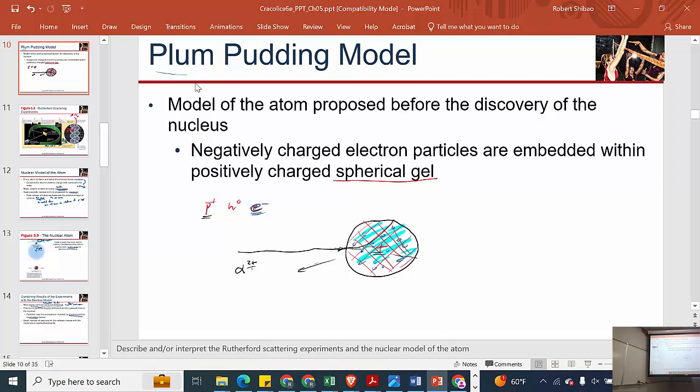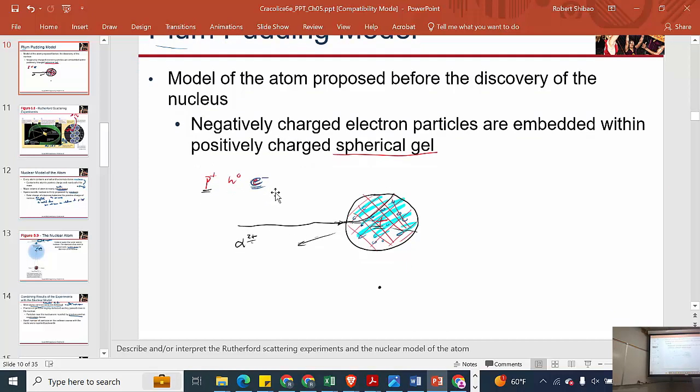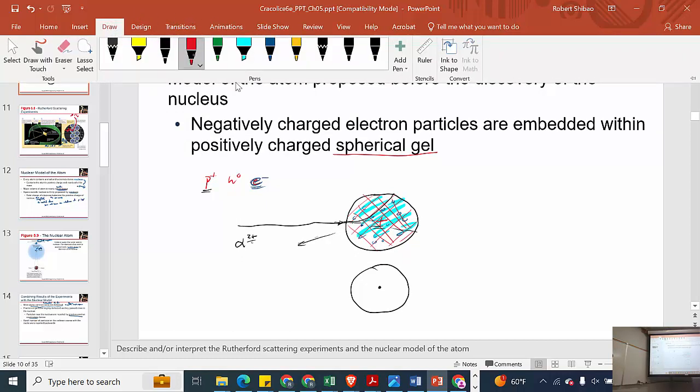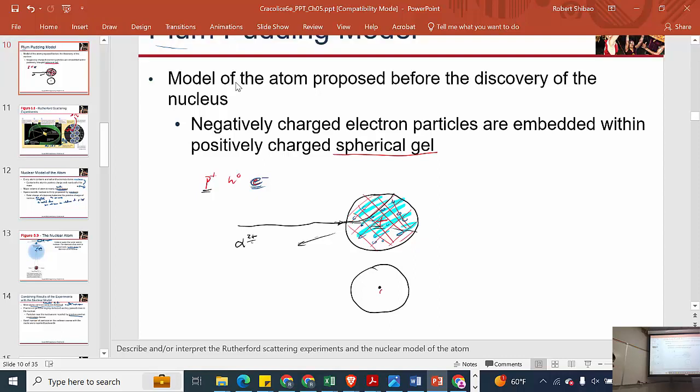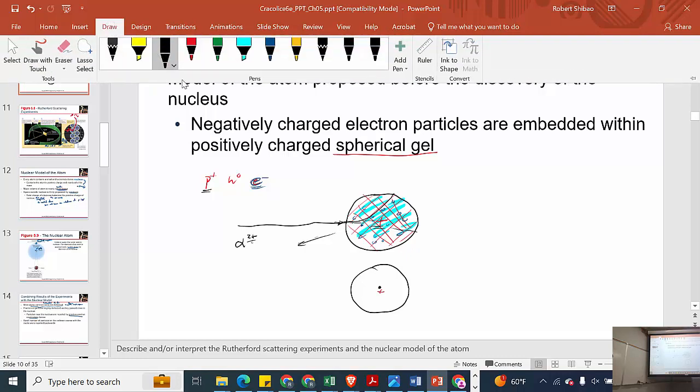If you take all that positive charge and concentrate it into a small volume right in the center of the atom, then we could expect to see high angles of deflection.